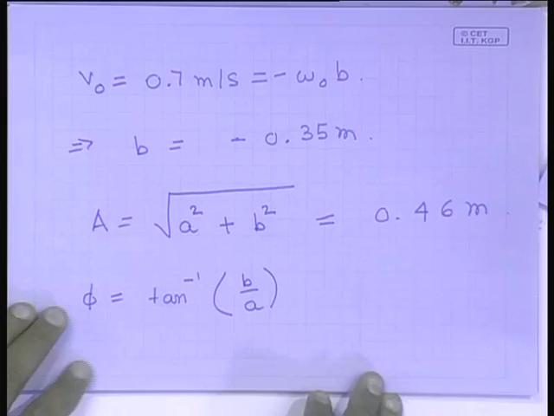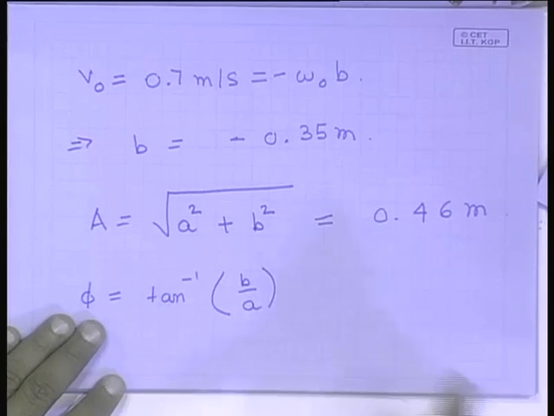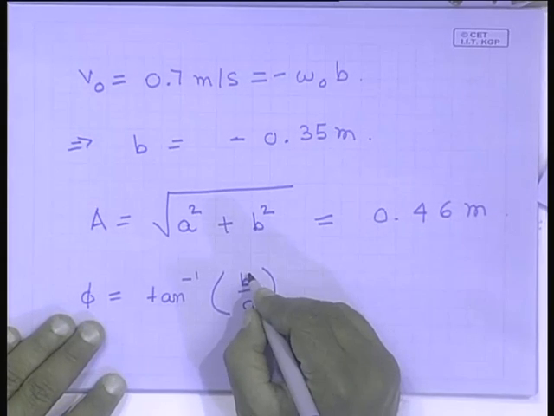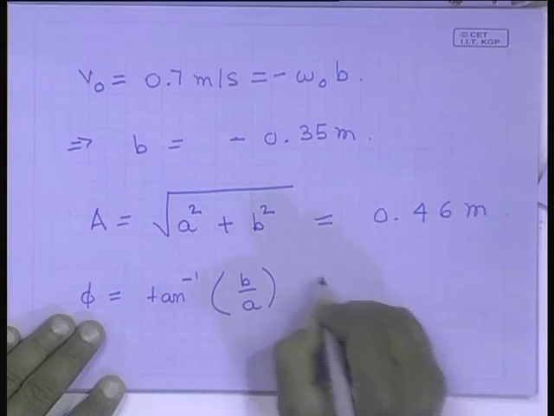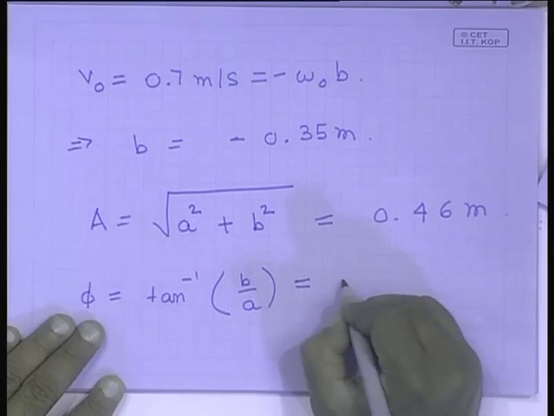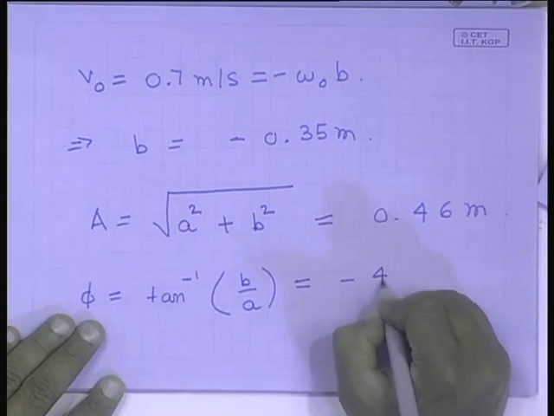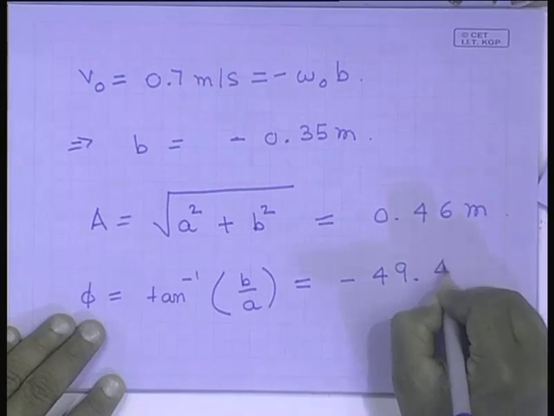Phi is tan inverse of B by A, and putting in the value minus 0.35 here and 0.3 here, we find that this is minus 49.4 degrees.